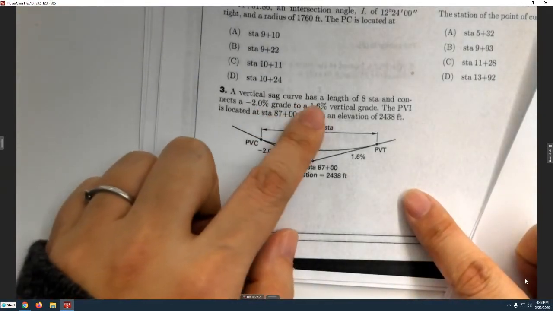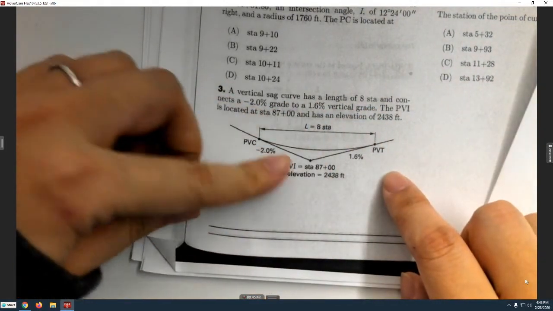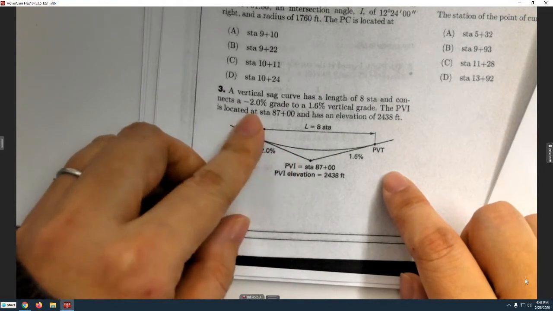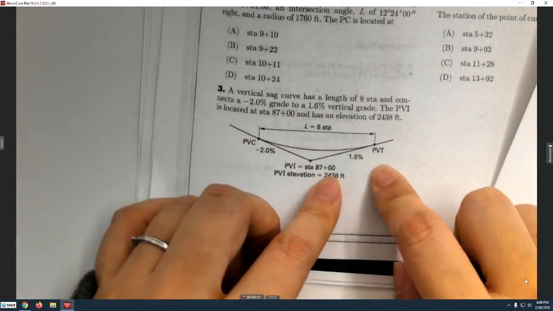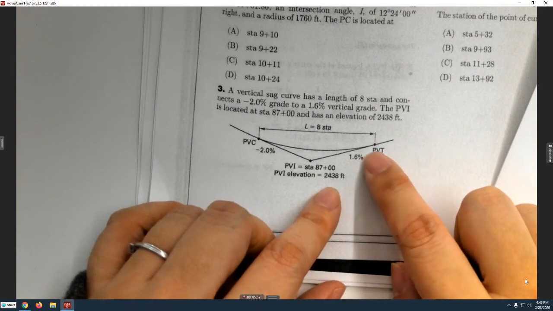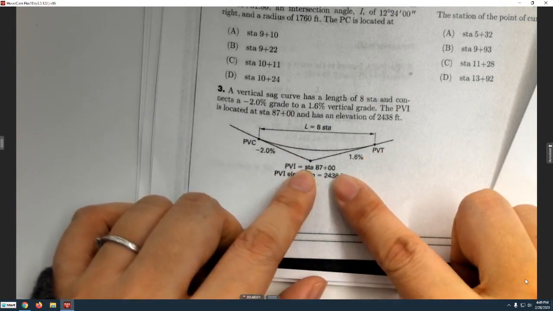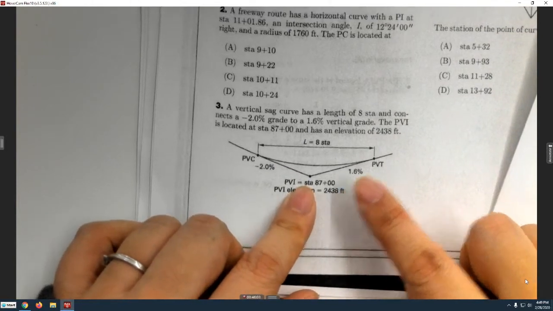Okay? Next one is the vertical stack curve. Vertical stack curve has a length of 8 stations and connects the first grade is -2, and then the departure grade is 1.6. PVI location also given, and then elevation given.